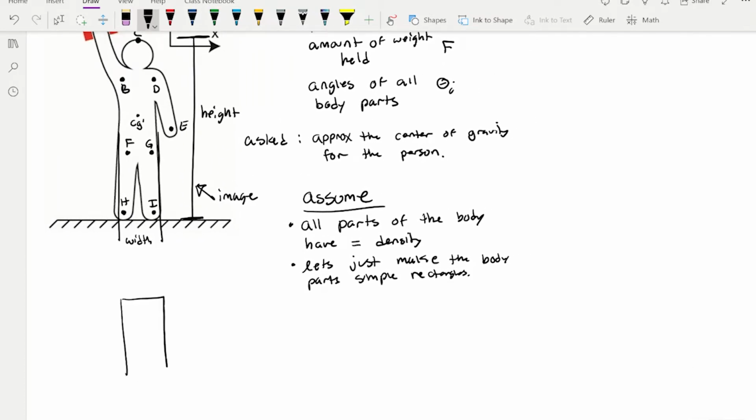Let's do that here. Make a little robot guy. Relabel our points. Say this is B. These arms connect at the extremes of this rectangle, this torso. And again, all these things are going to be assumptions.